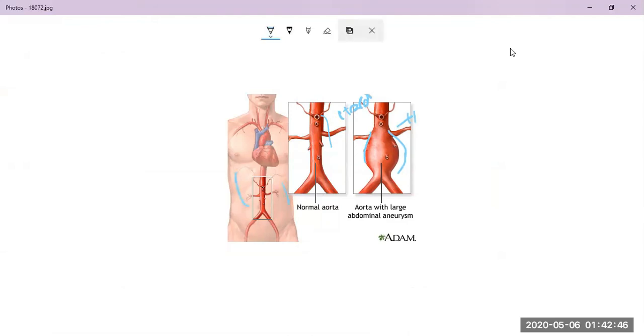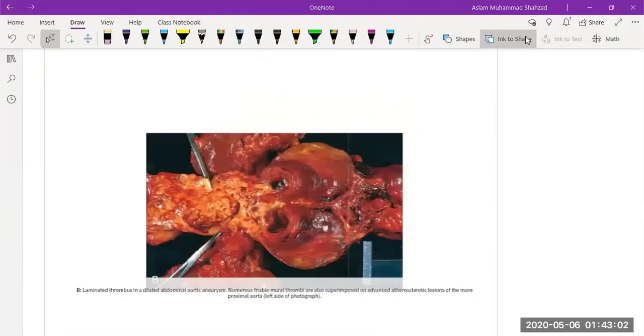Here you can see a picture of laminated thrombus. And why are they laminated? Because the presence of red blood cells is abundant, and the shiny appearance shows you the lamination. And they mentioned that numerous friable mural thrombi are superimposed on advanced atherosclerotic lesions of the more proximal aorta on the left side of the photograph.